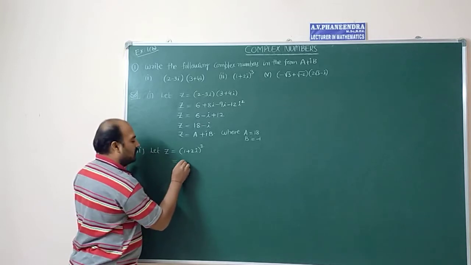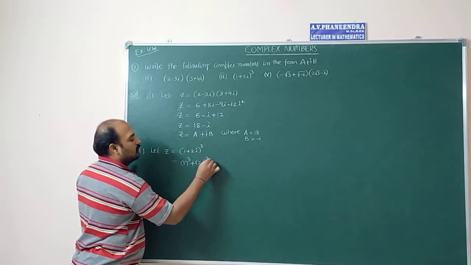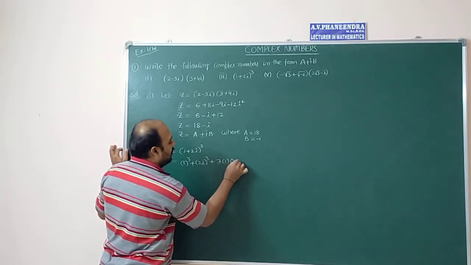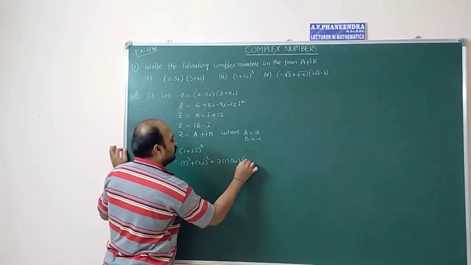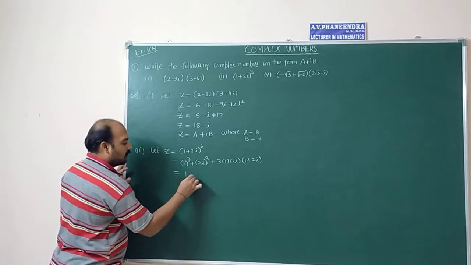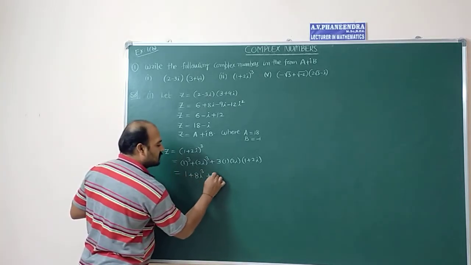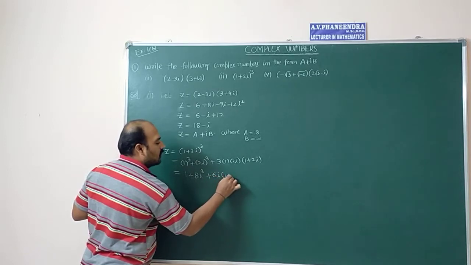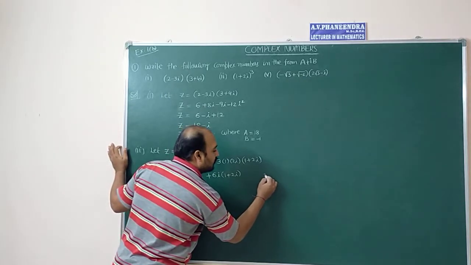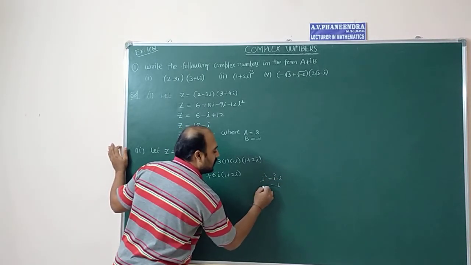A cube plus b cube plus 3ab into a plus b, like 1 cube plus 2i whole cube plus 3 into 1 into 2i into 1 plus 2i. 1 plus 8i cube plus 6i into 1 plus 2i. I cube means i square into i, square value minus 1, so minus i.